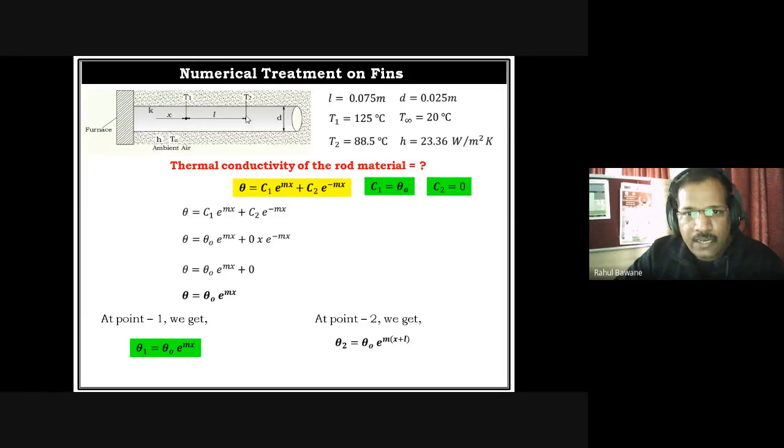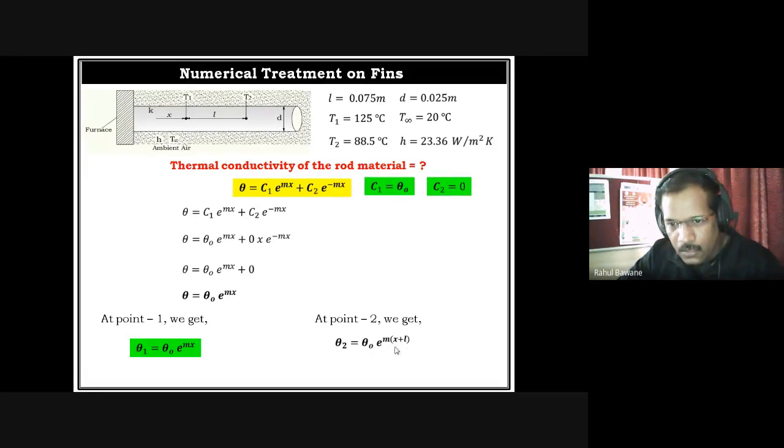Now at point 2, what is the total distance with respect to the base? For point 1, we are assuming that after x distance there is T1, the first point is marked, and from the first point to the second point it is at L distance, 75 mm. So for point 2, the distance from the base will be x plus L. So here e raised to the power m times x plus L, the total distance.